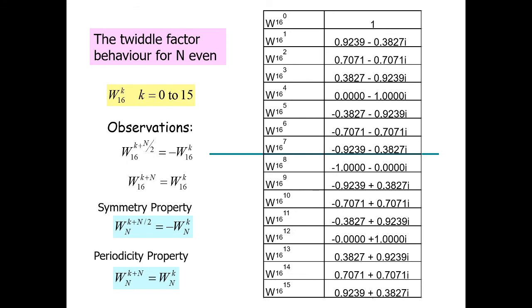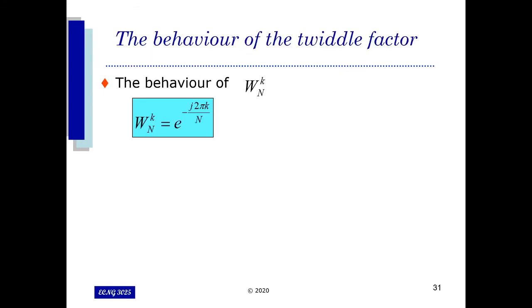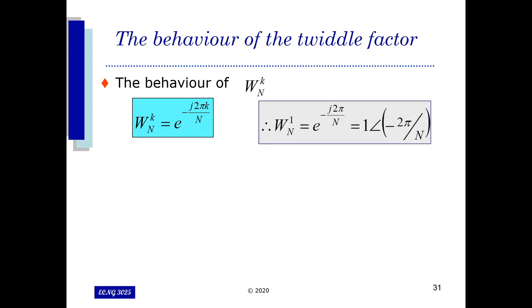So as such, the behavior of our twiddle factors here can be represented in a phasor form. And the phasor form is basically a nice shorthand version for representing our exponent equation, which is basically e to the minus j theta. Theta here is going to be 2 pi k on n.